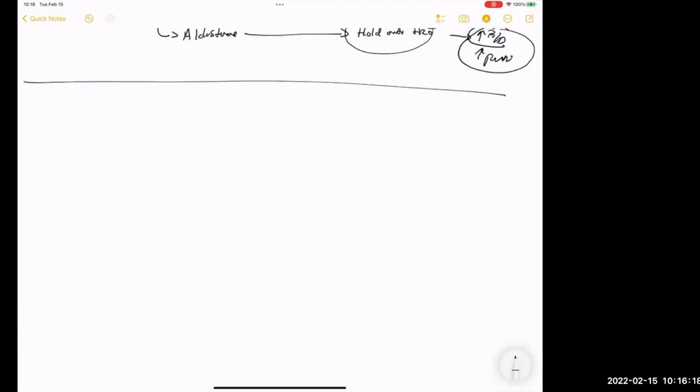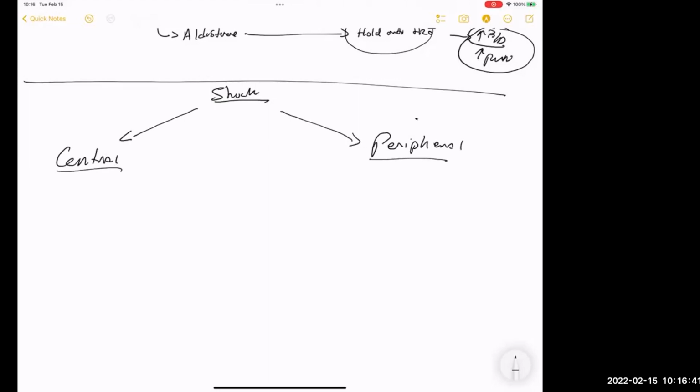All right. So there are a couple of different major types that we call central and peripheral shock. So remember, shock's how the body is responding to hypoperfusion. So you've got central and you've got peripheral. And this kind of has to do with the kind of hypoperfusion that is causing the problem.